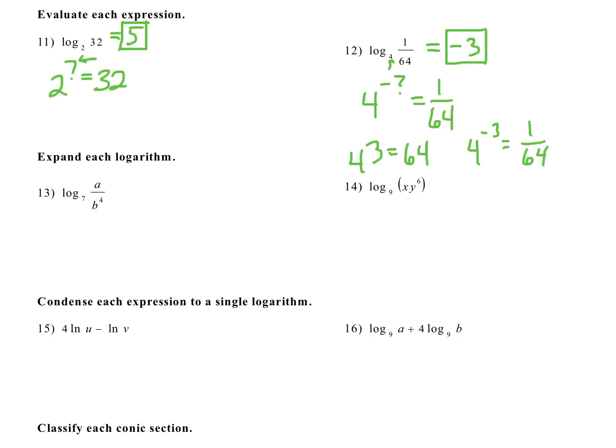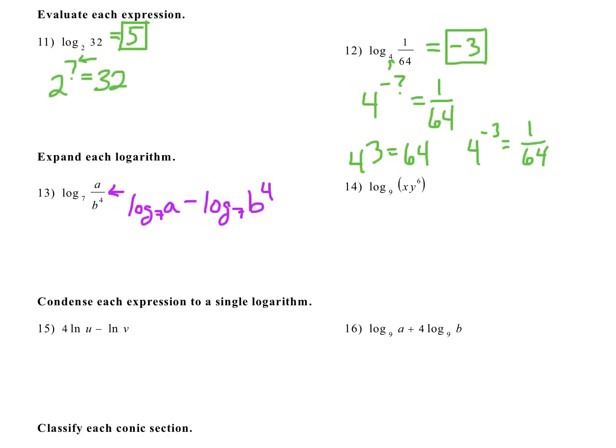Now expanding logarithms. So log base 7 of a over b to the 4th. The first thing that we have to do is look and see that we have the quotient property. Quotient property means that I'm going to split this up into the difference of the numerator and the denominator. So the log base 7 of the numerator, a, minus log base 7 of the denominator, b to the 4th.